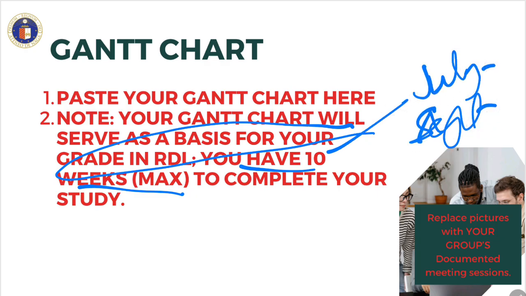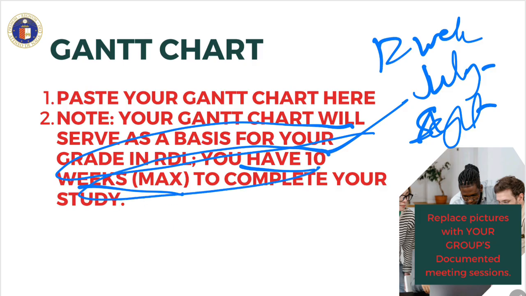So that's actually like 12 weeks, so you have to be able to maximize the 12 weeks. But your Gantt chart will only be maximizing 10 weeks. Depending if you have reached the timeline that you have set, you will also be given a certain grade for that one.